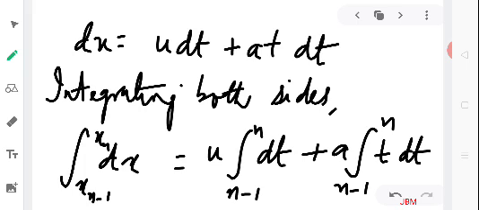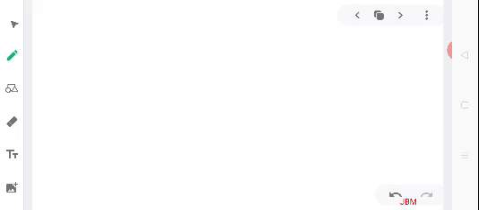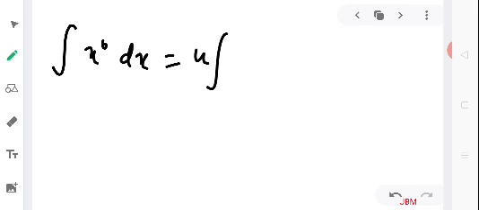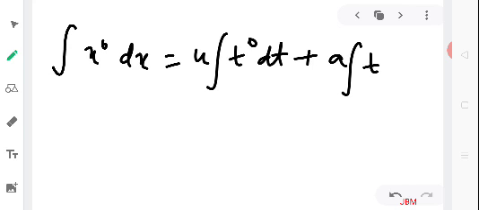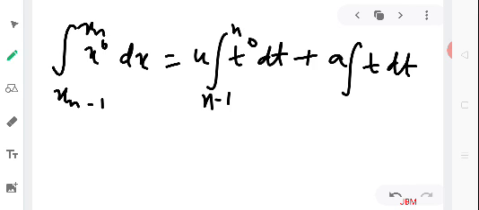So now we have to write down the expressions. Similarly you can write down the integral of x to the power 0 dx equal to u times the integral of t to the power 0 dt plus a times the integral of t dt, and then let's put the limits. Let's proceed with the integration.